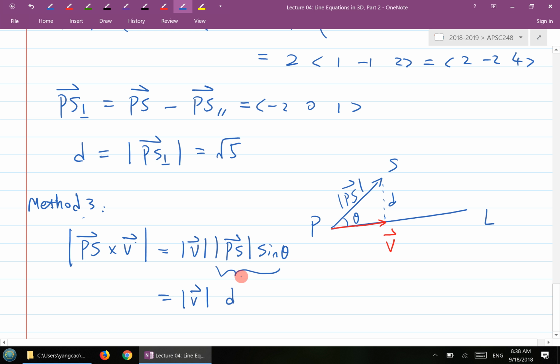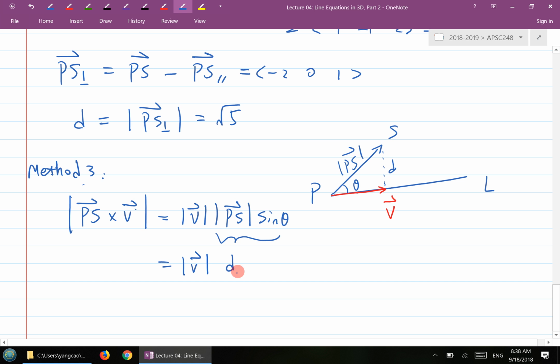So that's a simple formula. At the beginning we don't know what it is, but then examine here. Look, here's the D we're looking for. And what's even better is you already have all of this information.